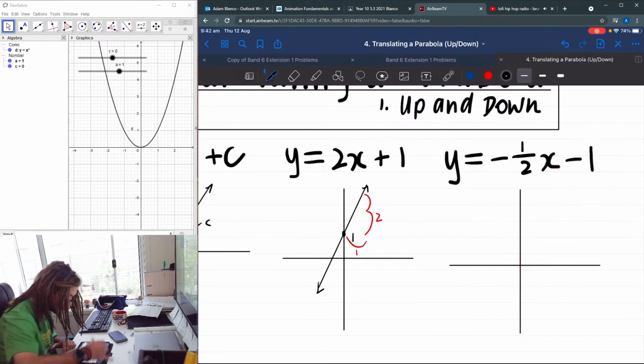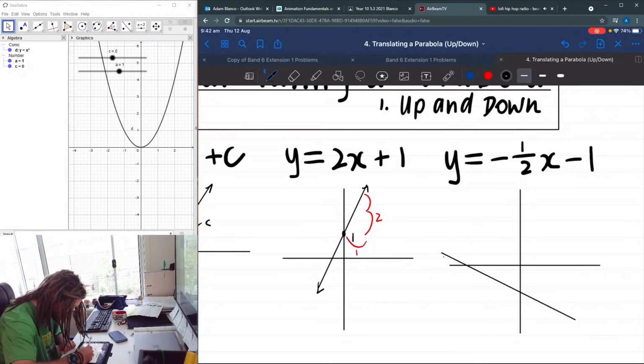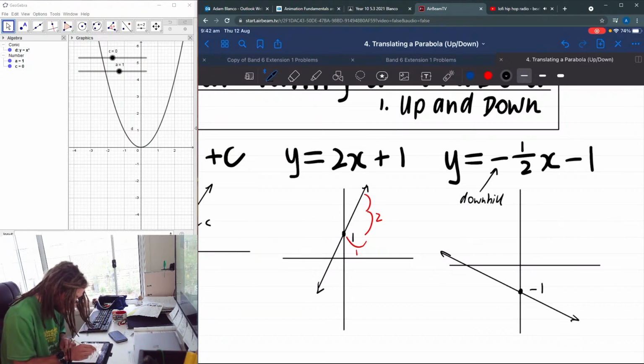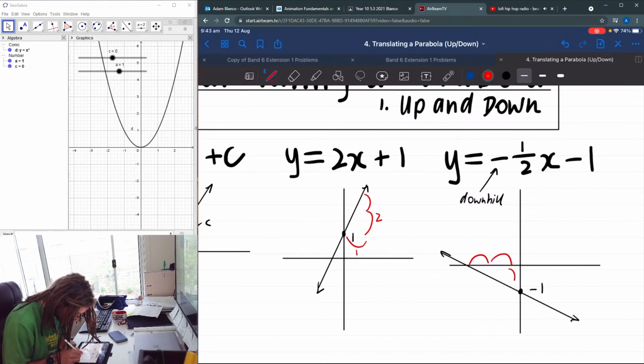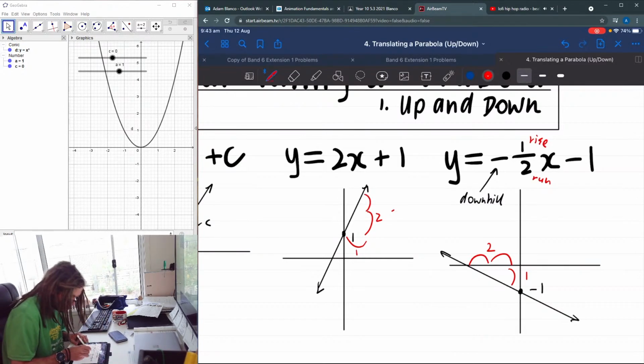So that point there is -1. It's negative, so that tells me downhill. And the half is the rise over run, so the rise is 1 and the run would be 2.